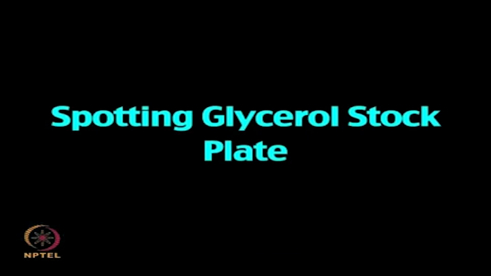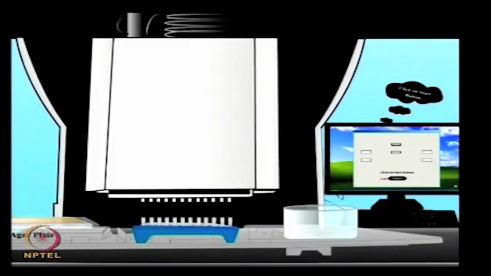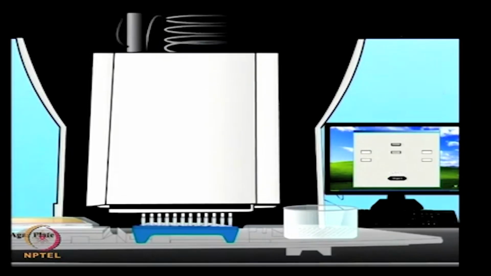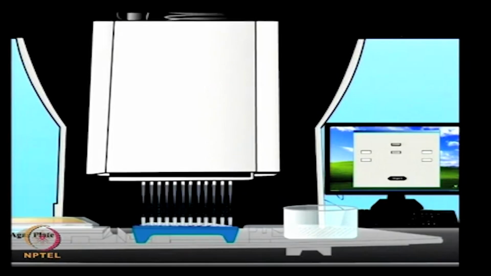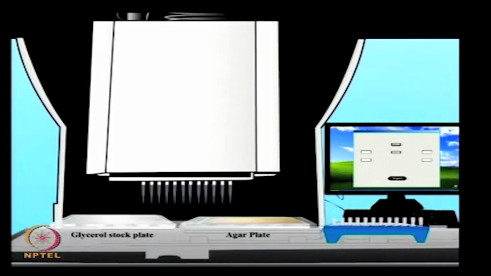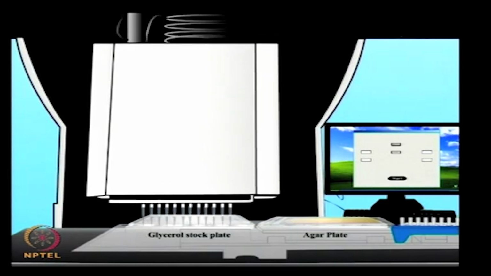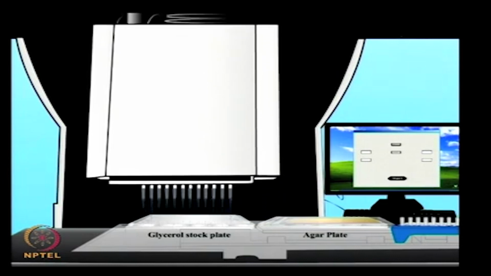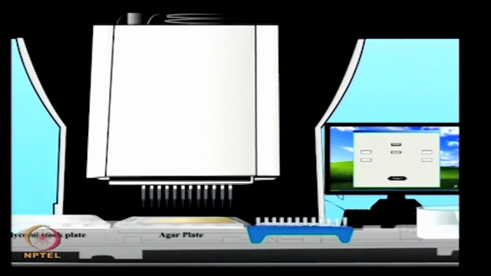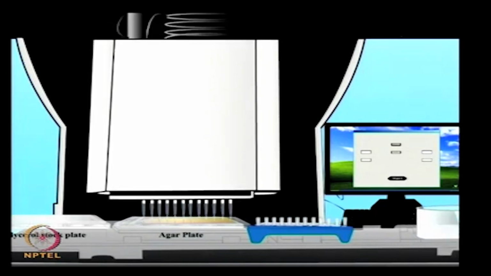After the cloning is done, perform the spotting of the glycerol stock on the LB agar plate. So, transfer the bacteria from the glycerol stocks to an LB agar plate that contains the appropriate antibiotic. You can do that either using multi-channel pipetters or using liquid handling systems.